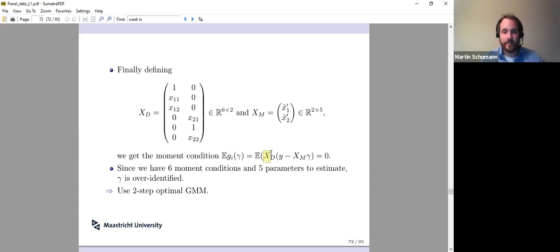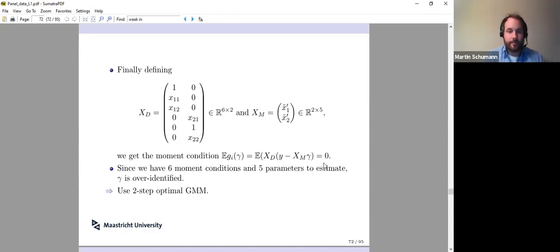So this is 6 times 2, this is 2 times 1, this is 2 times 5, this is 5 times 1. So this thing here is 2 times 1, this is again 6 times 2, so the whole thing will be 6 times 1. Yeah? So this is a vector, a 6-dimensional vector of zeros.